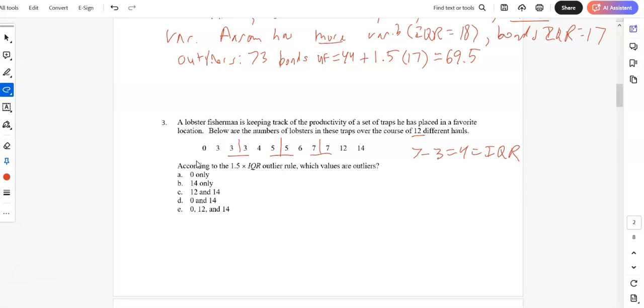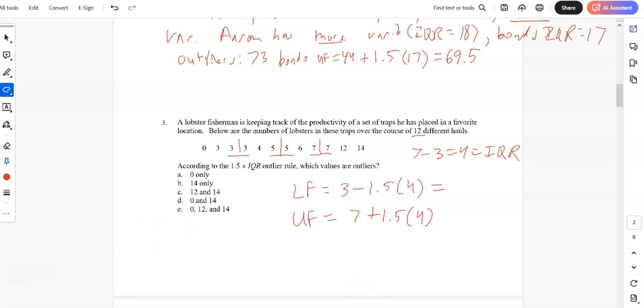Okay, so let's do the lower rule. It's Q1, which is 3, minus 1.5 times 4 in this case. That's the lower fence. The upper fence is at Q3, which is 7, plus 1.5 IQRs.